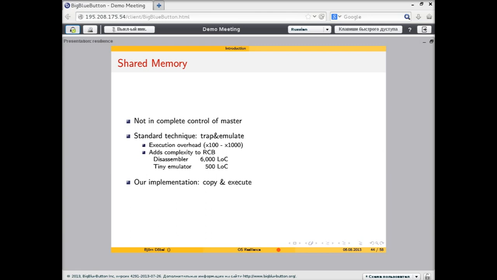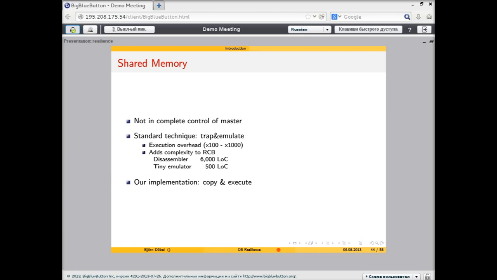And one solution to this problem is a technique which is standard in today's virtual machines, and this is called trap and emulate. What this does is it takes the shared memory region and makes this region inaccessible by marking it inaccessible in the application's page table. And then whenever the application tries to access this shared memory region, you will get a page fault.